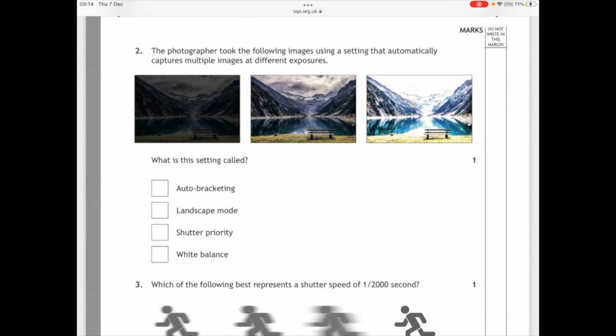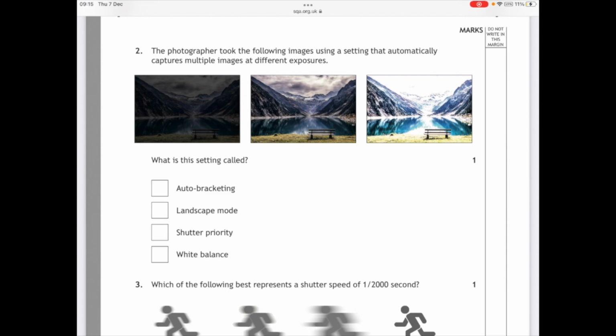Interestingly, this one wasn't done very well, which I found quite surprising. The correct answer for that one is auto bracketing. On the auto bracket setting, you can set it to +2 or -2, or +1 and -1.